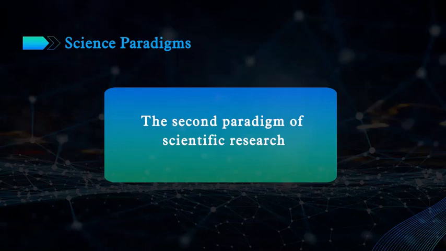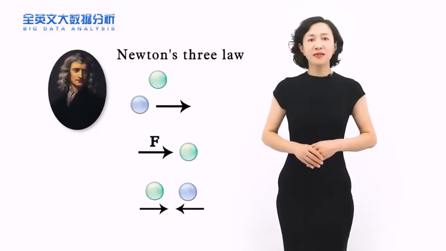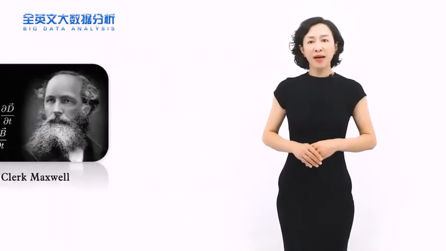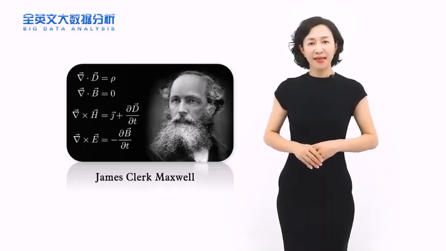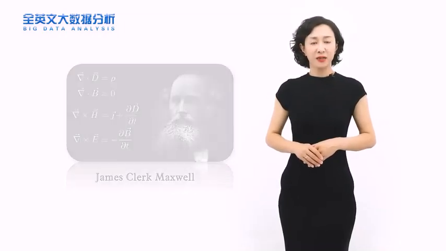This research paradigm lasted until the end of the 19th century, and it was perfect. Newton's 3 laws successfully explained classical mechanics. Maxwell's theory successfully explained electromagnetism, and the classical physics building was magnificent.